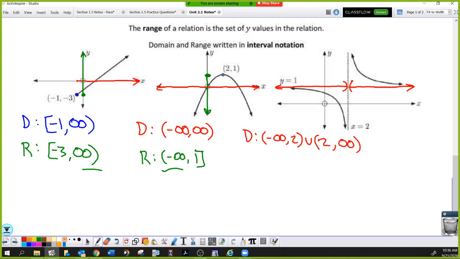The range will do something extremely similar. And I would have to actually clear my picture for us to see it. So I will do that for good notes. Our range does the exact same thing. It does not hit this value of y = 1, but it does get really close to it. And it doesn't hit the value y = 1 on either side of it.